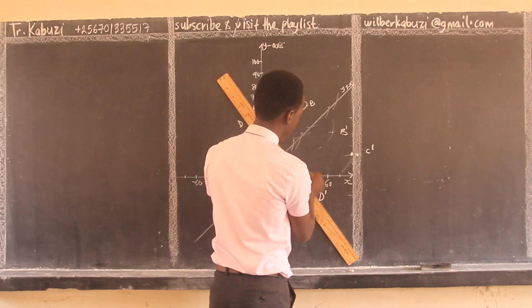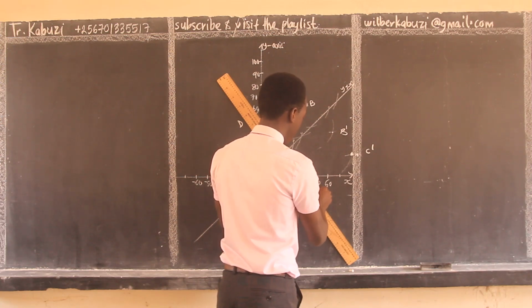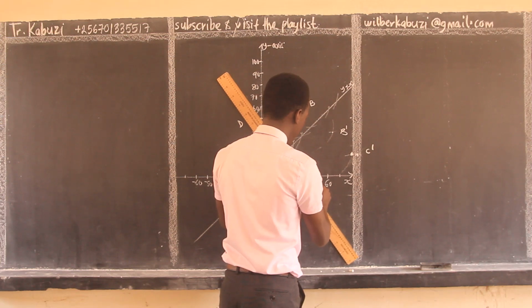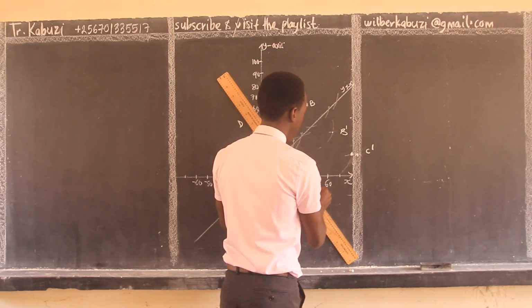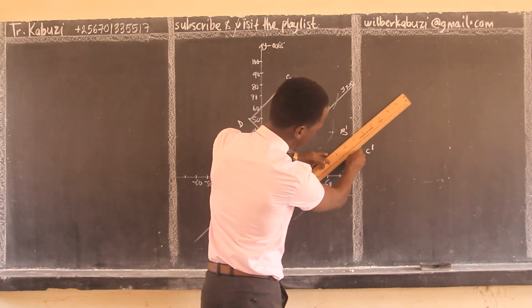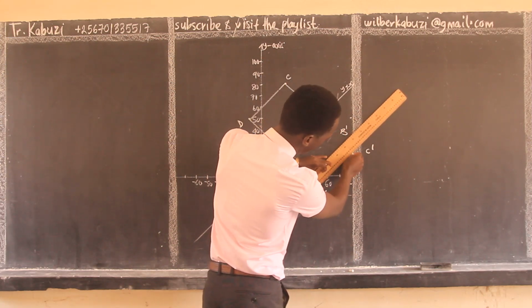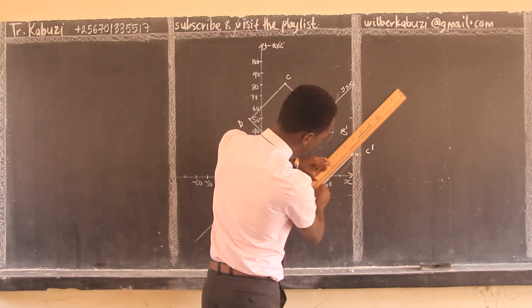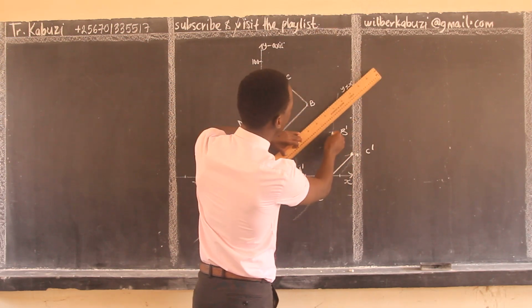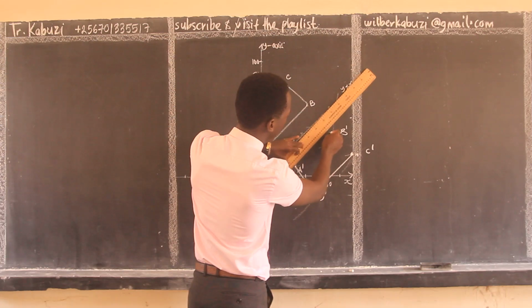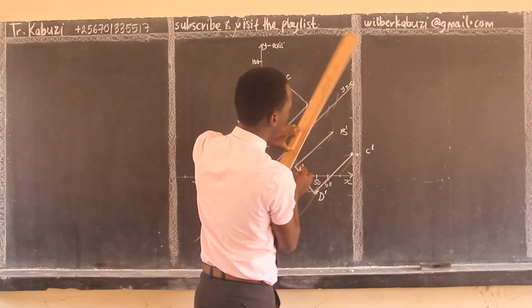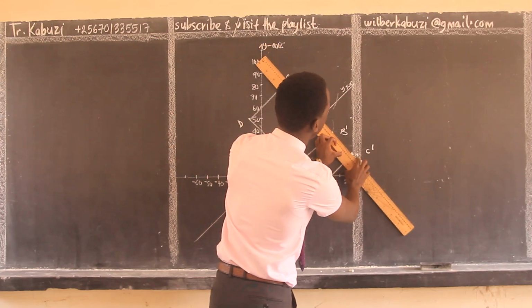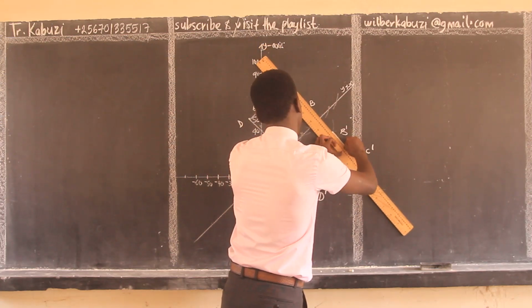My A to D prime there, and I join it to this, the D. I join it to that. And I also join this B to A, and I also join this to this.